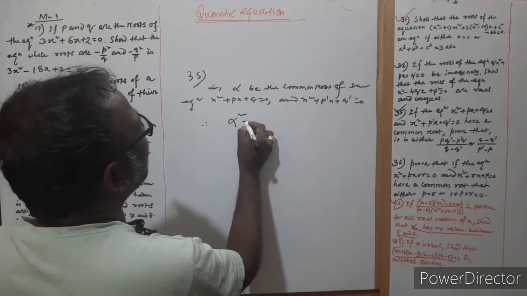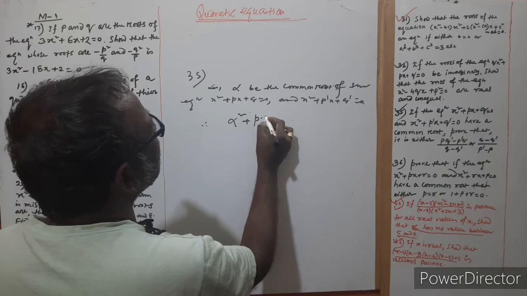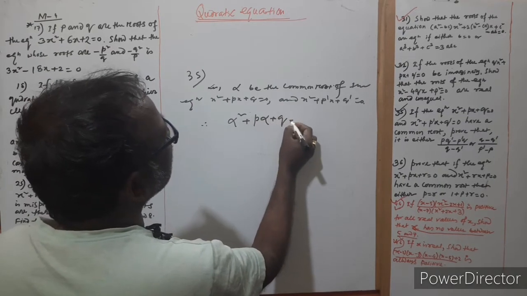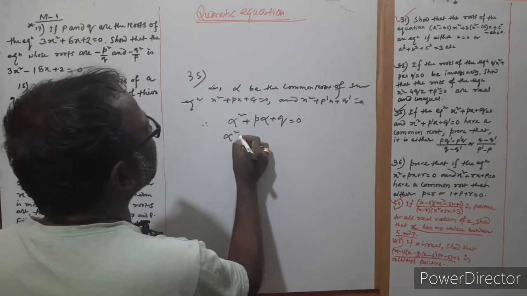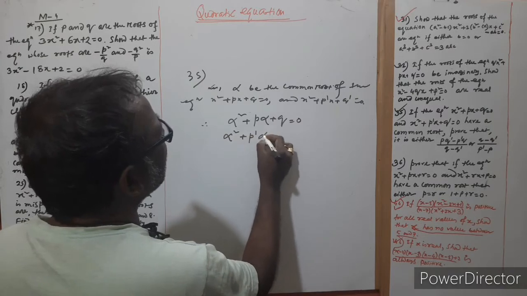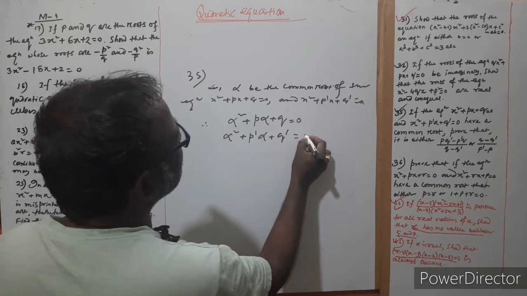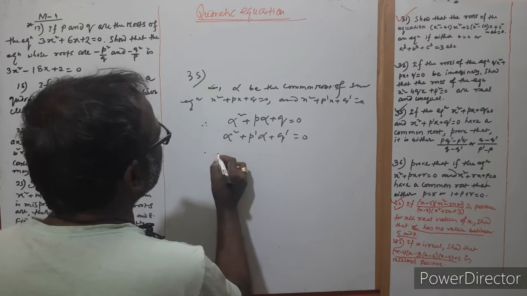Therefore, alpha square plus p alpha plus q equal to 0, and alpha square plus p dash alpha plus q dash equal to 0.